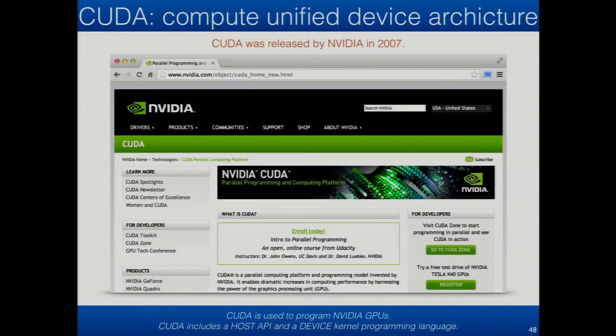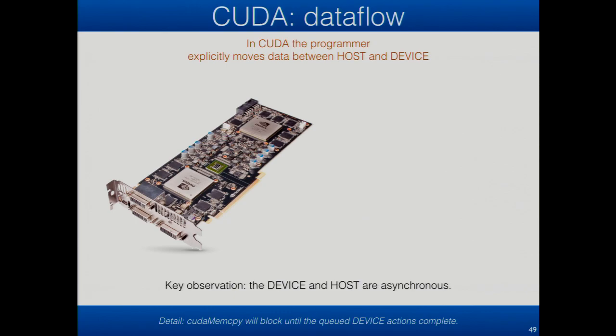Now, to learn more about CUDA, Google CUDA, or just go to NVIDIA's webpage. You can get all sorts of documentation and download their developer kit and so on. So let's talk about the CUDA data flow. In CUDA, you, the programmer, and remember I said that NVIDIA pushed a lot of work onto you guys, you are in charge of explicitly moving data between the host and the device.